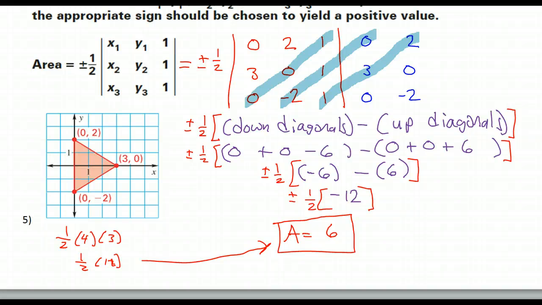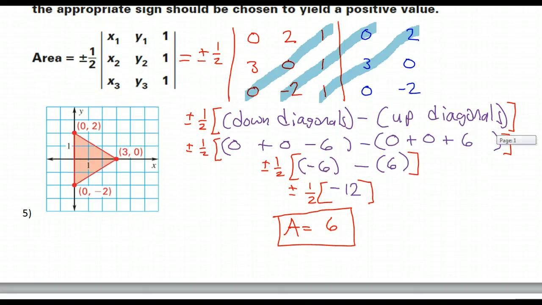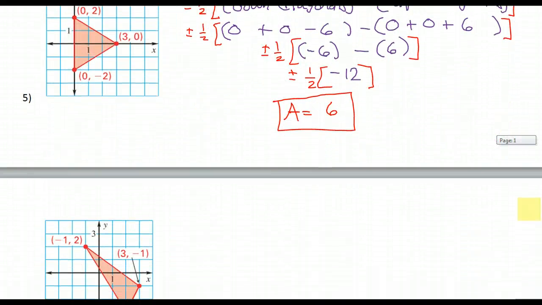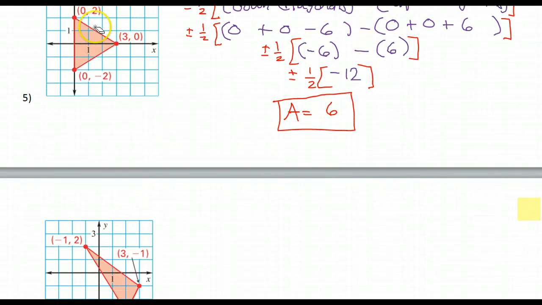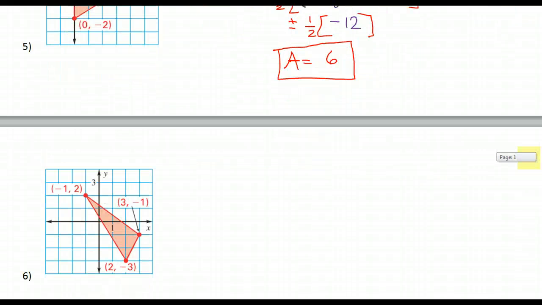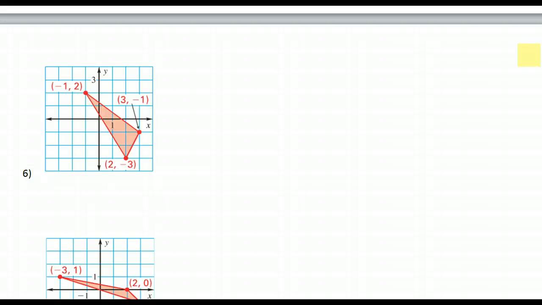But two things. When the triangle is randomly spread out over the grid and not lined up nicely for you, this actually can be easier. And also, if you ever need to program a computer to find area and all you have are the vertices, then this is a way you can get a computer to do it for you. Okay, computers are good at doing matrices.